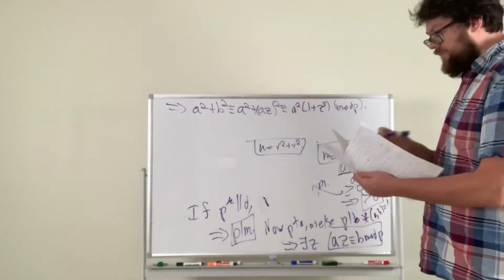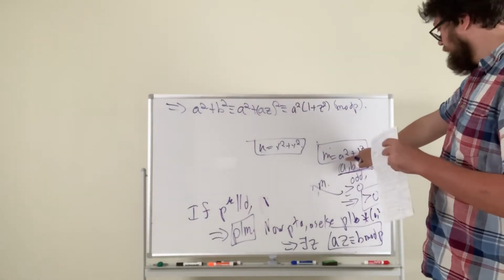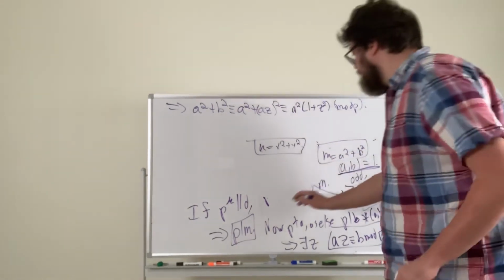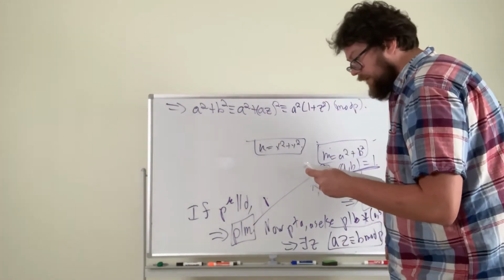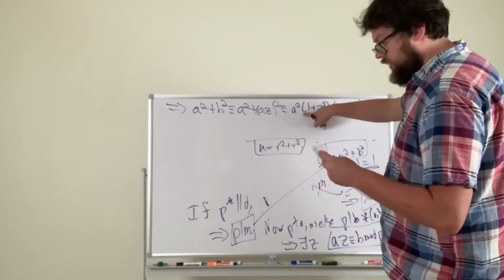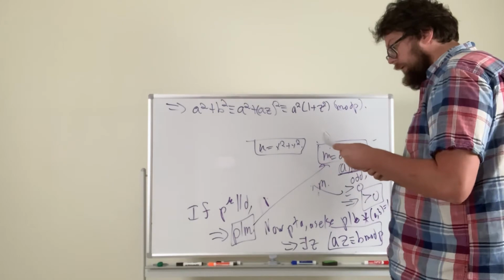All right, so I have this equation, and a squared plus b squared equals m, and p divides m. So a squared plus b squared is m, p divides m. Therefore, this is congruent to 0 mod p.